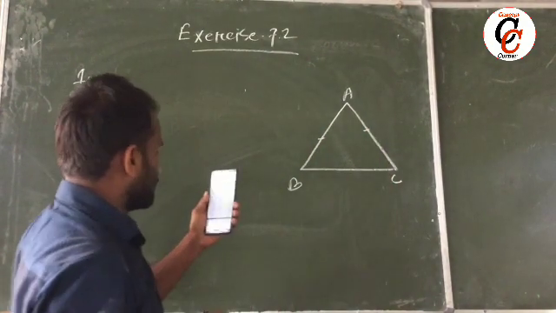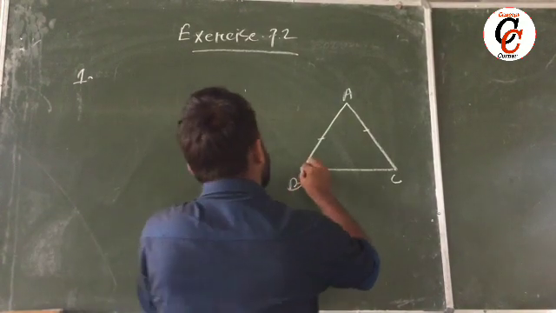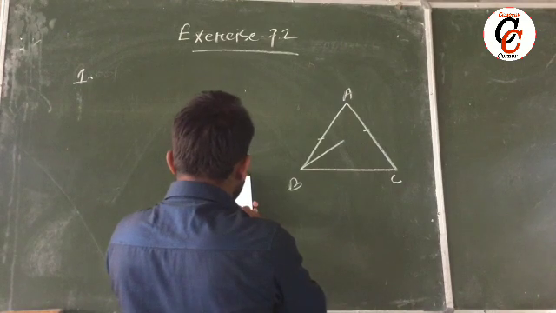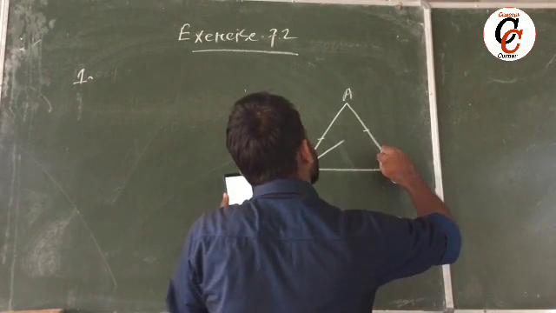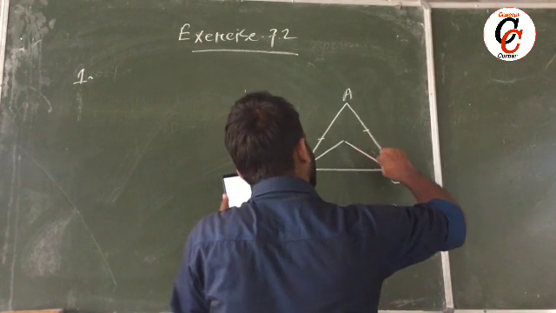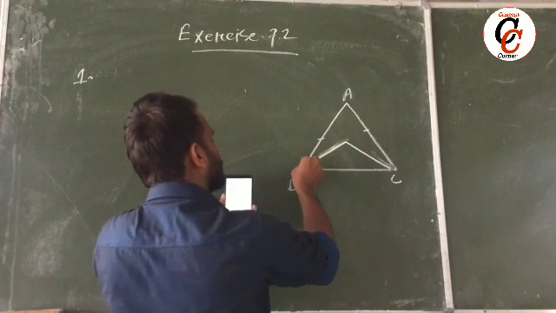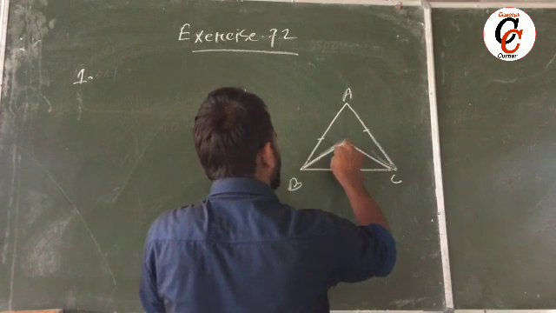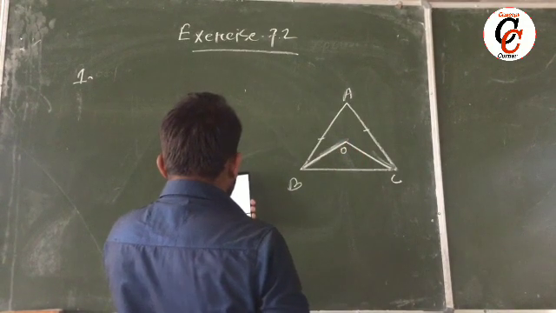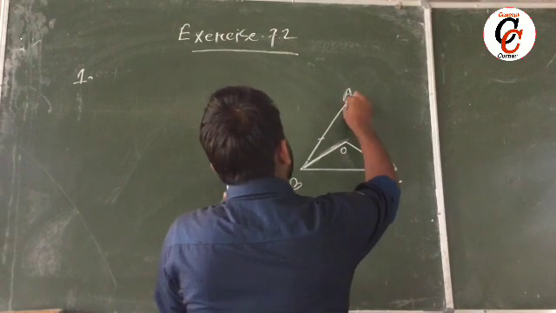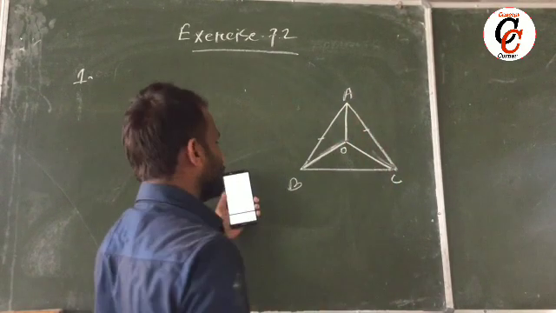Again it is said the bisector of B. Suppose this is the bisector of B and the bisector of C intersect at O. This is the bisector of C. The two bisectors of the two angles meet at point O. Then join A to O. AO is joined.